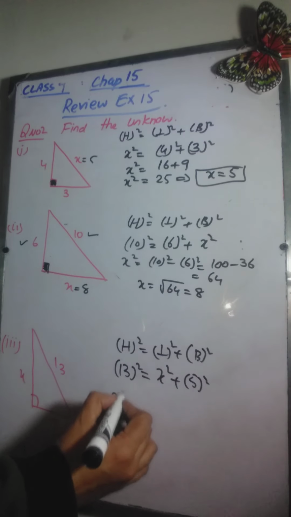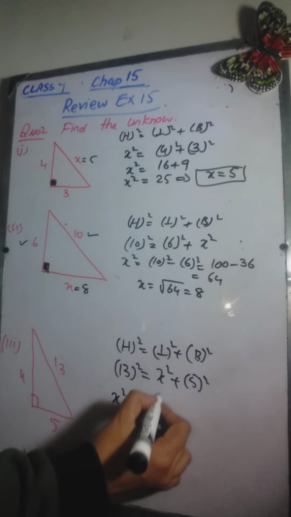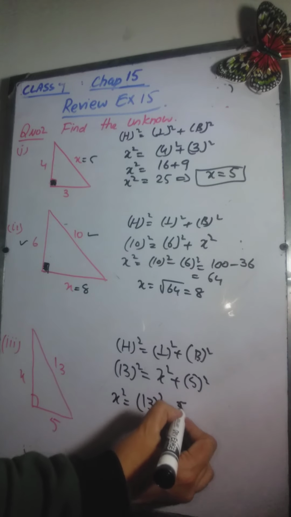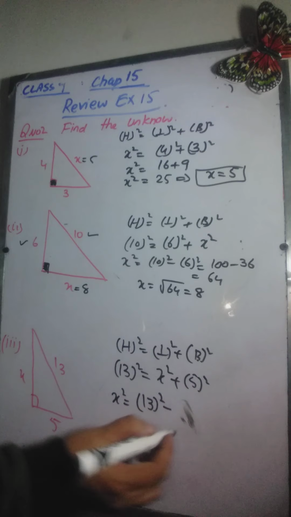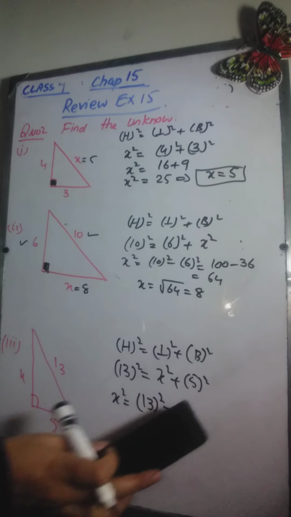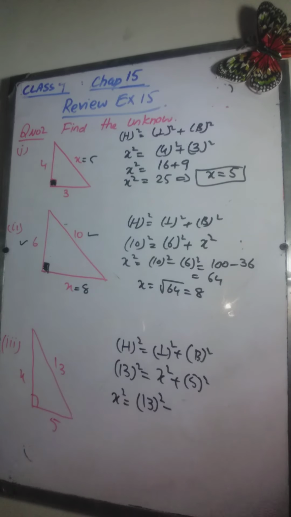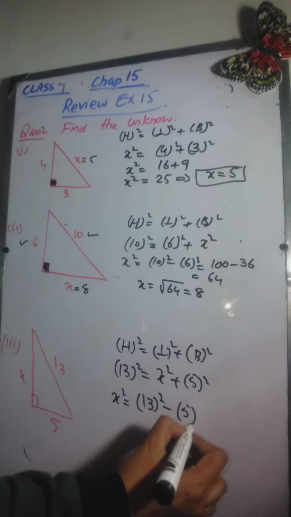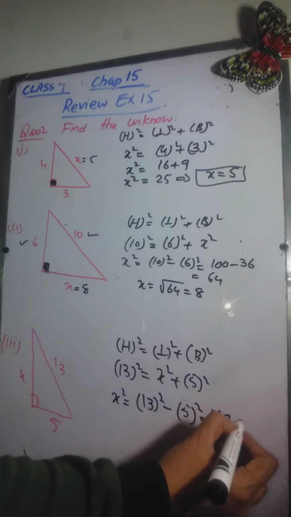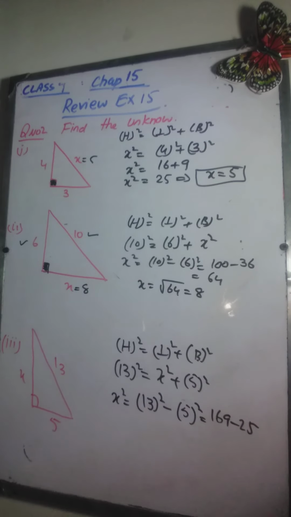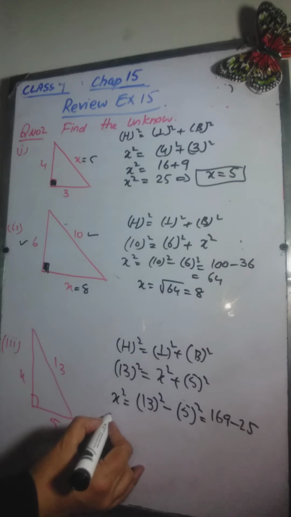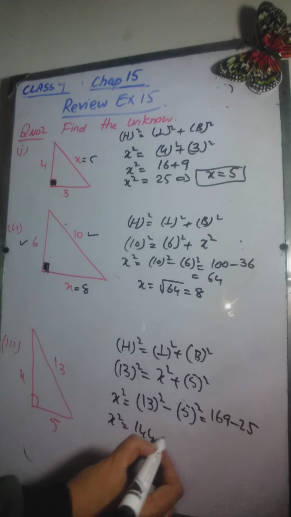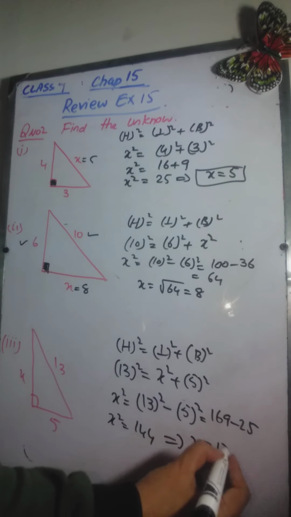From here x square will be 13 square minus 5 square, that is 169 minus 25, which will be 144. x square is equal to 144. This implies that x is equal to 12.